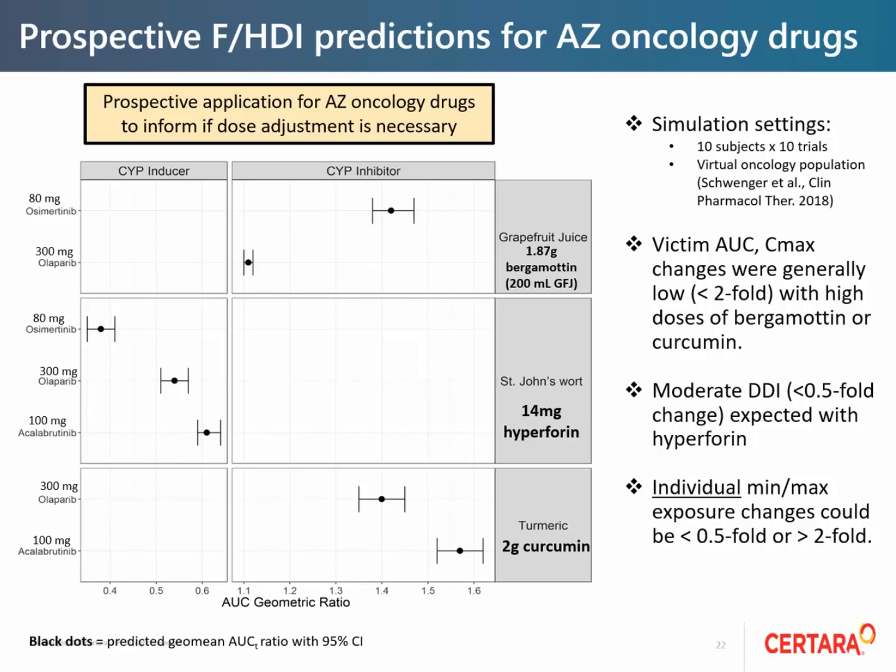However, do note that these are mean ratios, and we've identified that individual AUC ratios, even for bergamottin and curcumin, can go beyond twofold changes. So the individual variability is still something that needs to be considered.